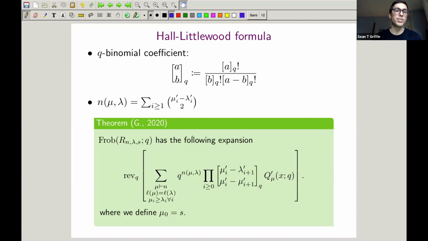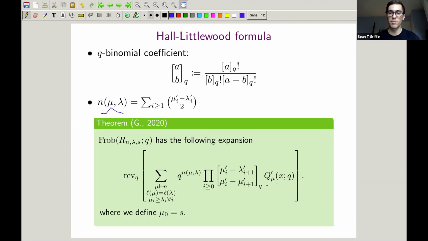And I also want to mention there is a different formula for the graded Frobenius. So here's some standard notation for q-binomial coefficients, which we saw in Josh's talk. And I've defined this new statistic, n of mu lambda. And it turns out that the graded Frobenius characteristic has this nice expansion in terms of Hall-Littlewoods.